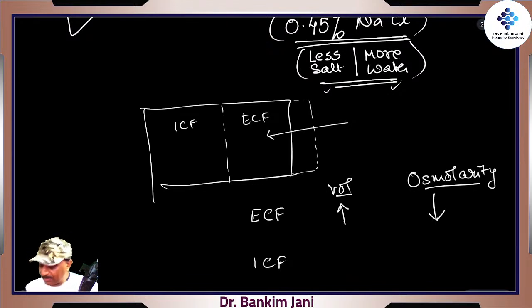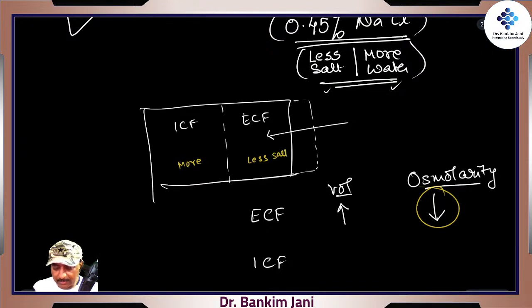Now it is this osmolarity which is deciding where the fluid should shift. Immediately it would say that we have got less salt over here and more salt there. This is a relative thing, right? Less salt means relatively more water.